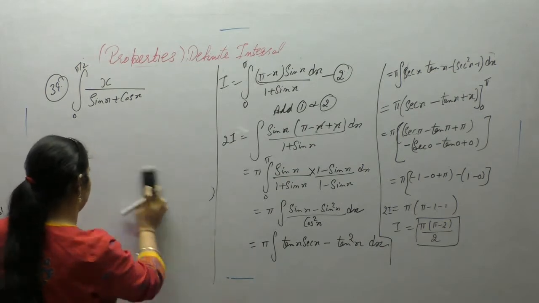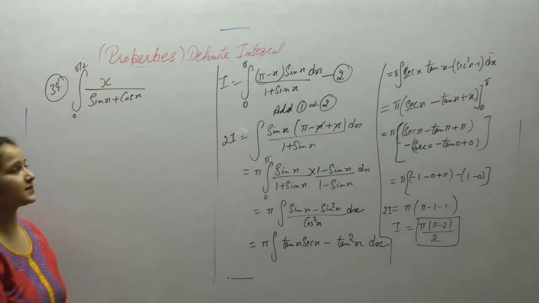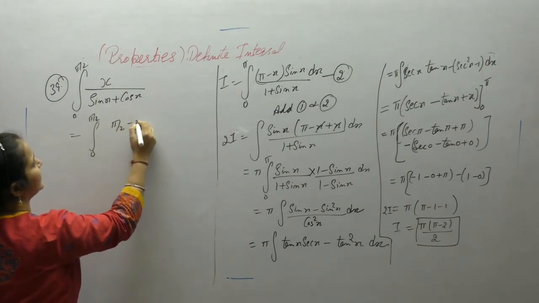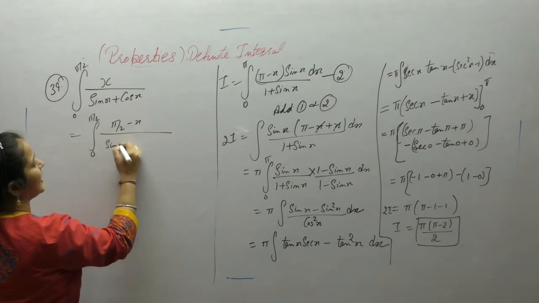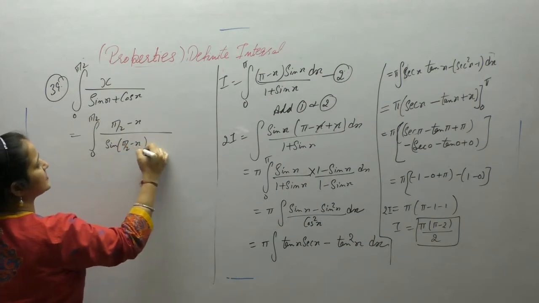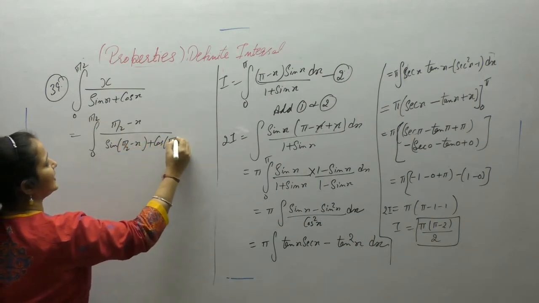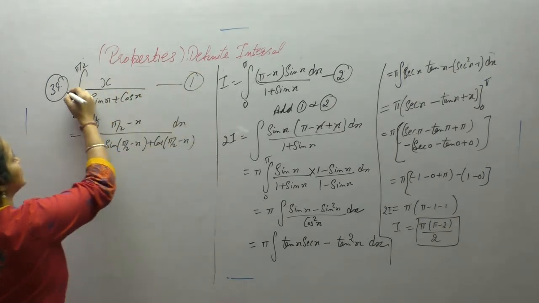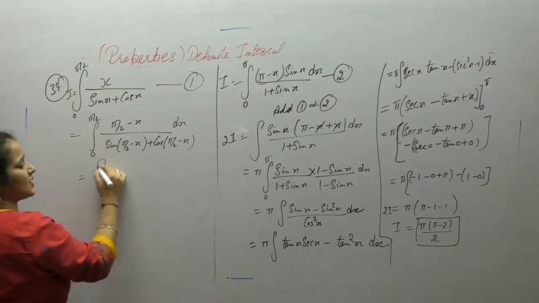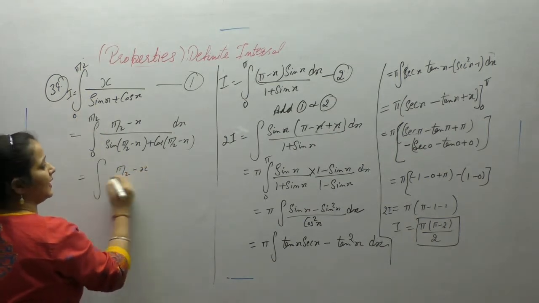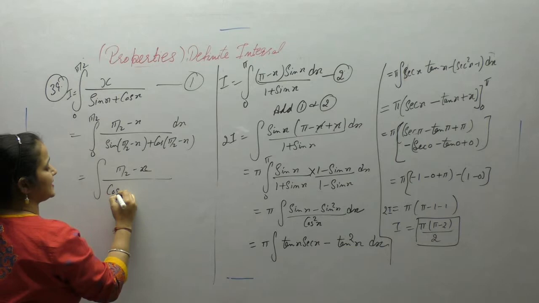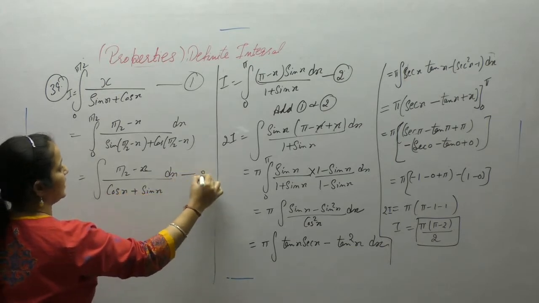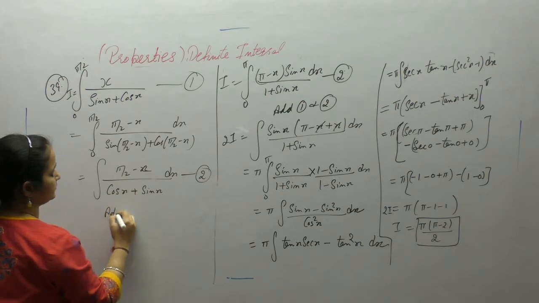Again the same property, 0 to a f of x dx is equal to 0 to a f of a minus x: sin of 90 minus x plus cos of 90 minus x. Sin 90 minus x is cos x and cos 90 minus x is sin x. Add 1 and 2.